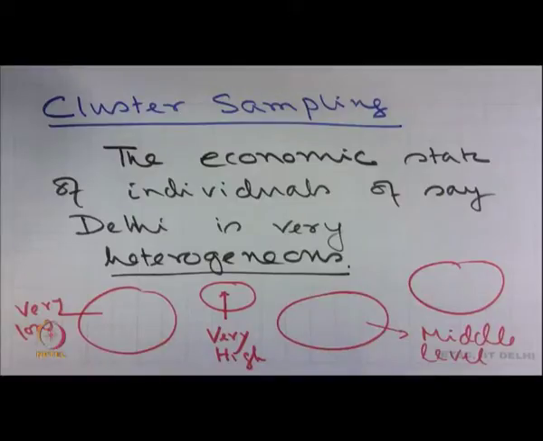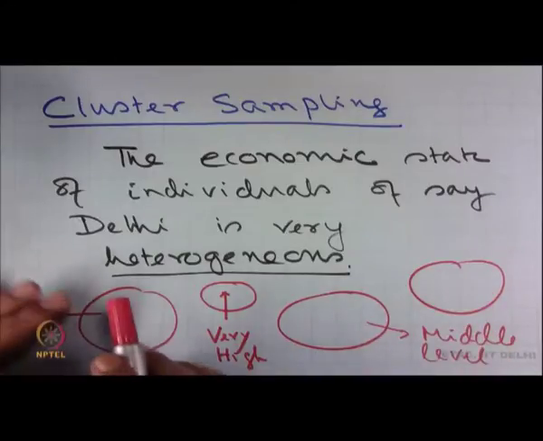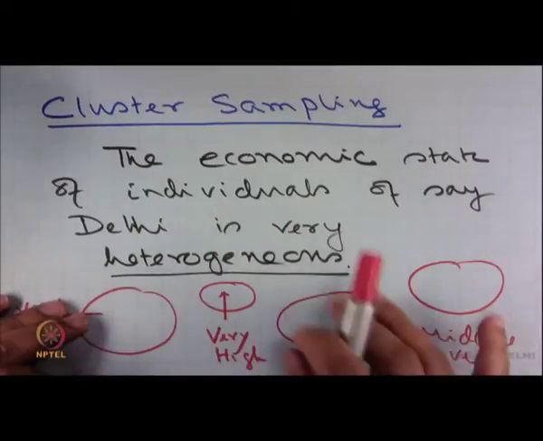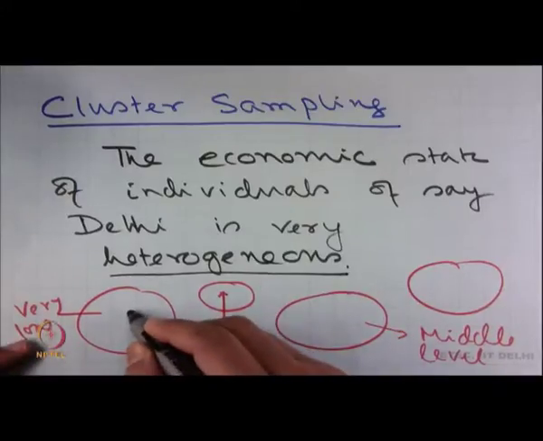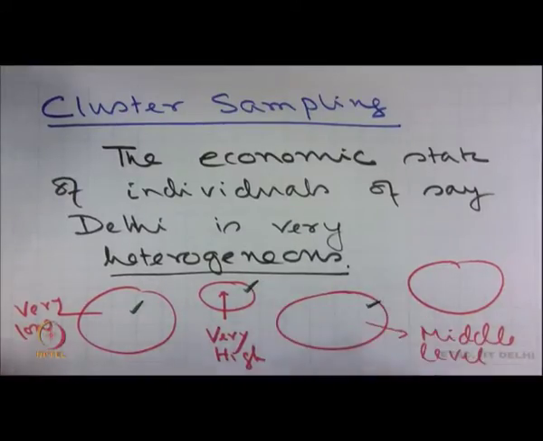Therefore, instead of choosing the sample over the entire population randomly, first we divide it into some clusters which are more homogeneous, and then depending upon the size of the cluster we can decide how many samples will be taken from each of the clusters. Sampling in such a fashion is called cluster sampling.